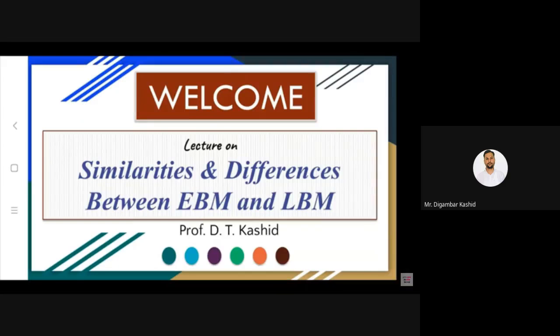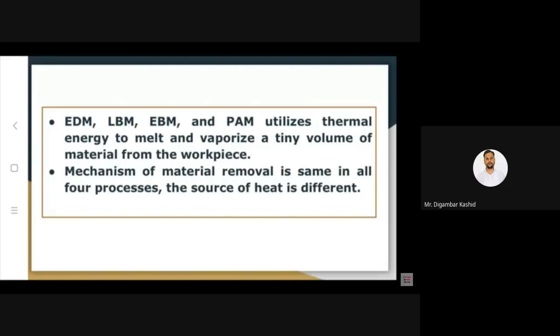As we already know, there are four non-traditional machining processes where thermal energy is utilized to melt and vaporize a volume of material from the workpiece, and those processes are EDM, EBM, LBM, and PAM. Although the mechanism of material removal is the same for all four processes, the source of heat is different.